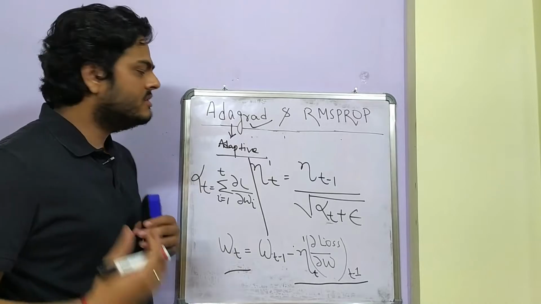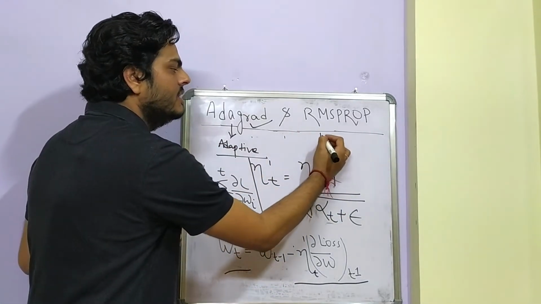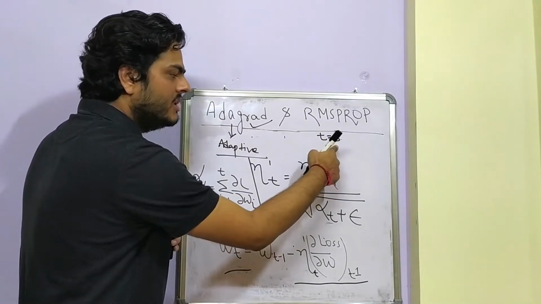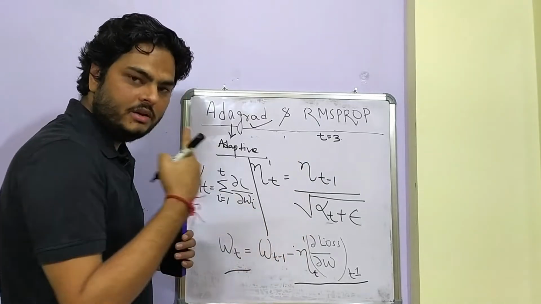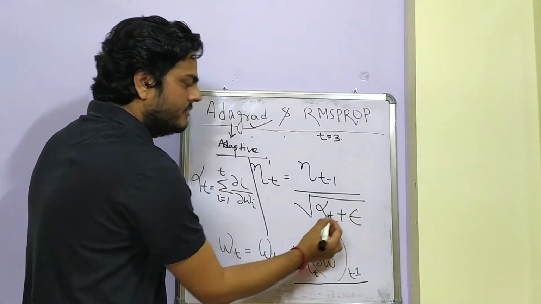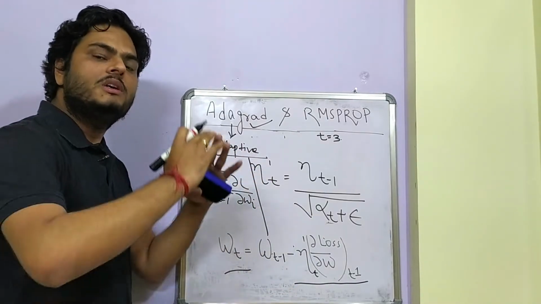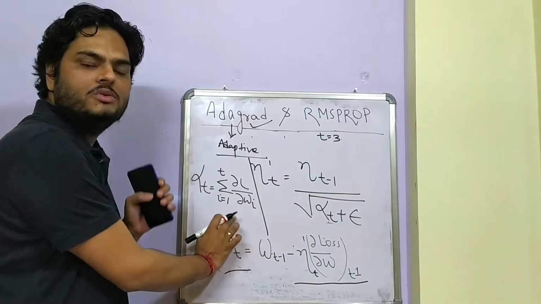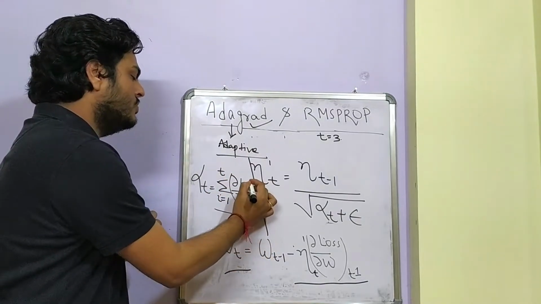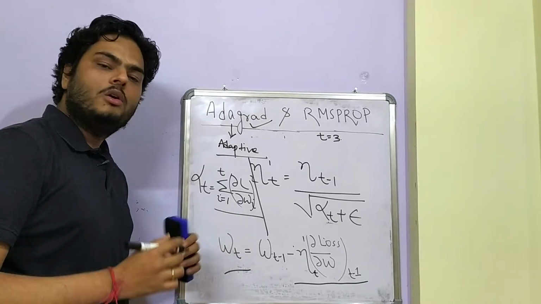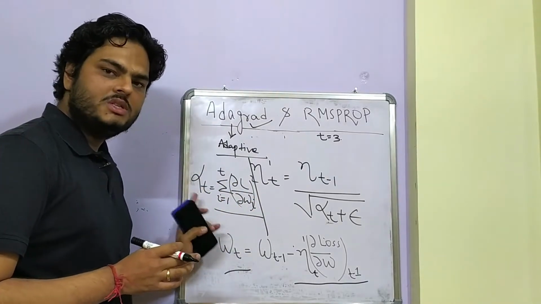The learning rate at epoch number 3 will be the learning rate at epoch number 2 divided by the square root of alpha t plus epsilon. This alpha t is a summation of the squared gradients of all the previous weights, so the sum of squares of all the previous gradients. What is the advantage of using this term here?